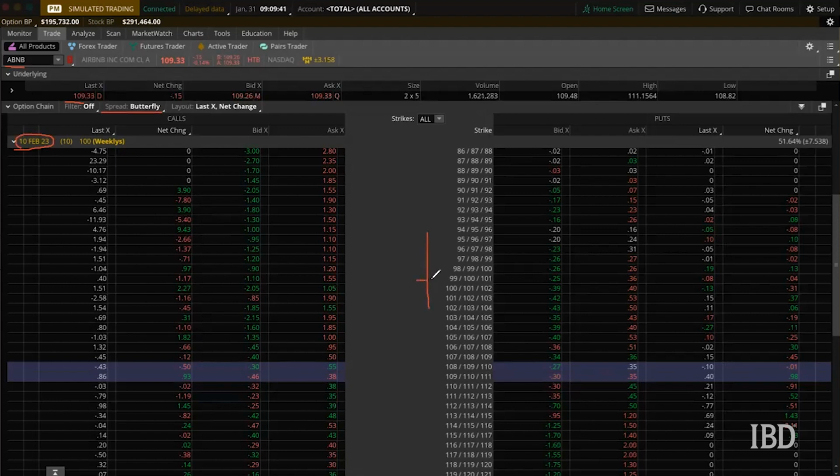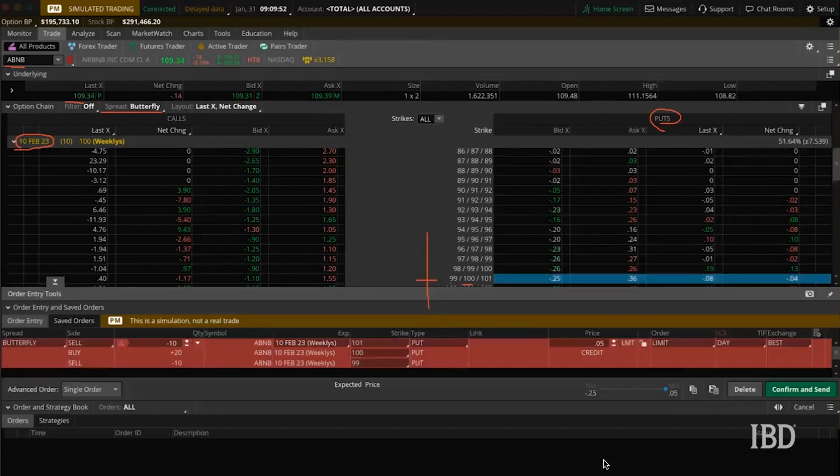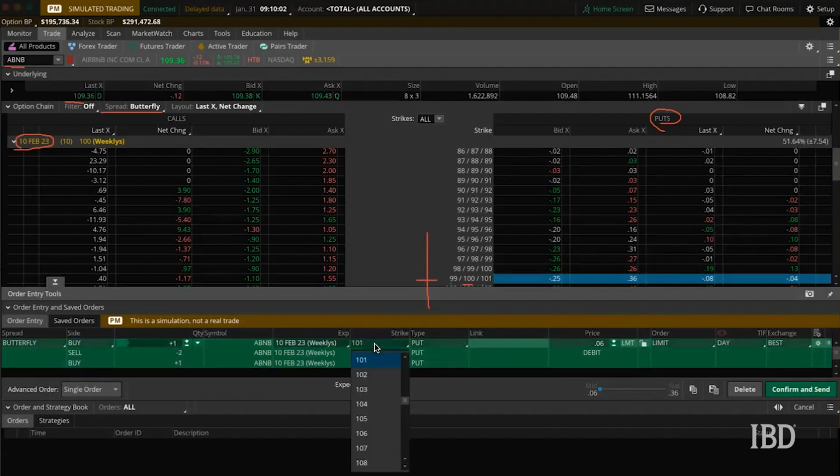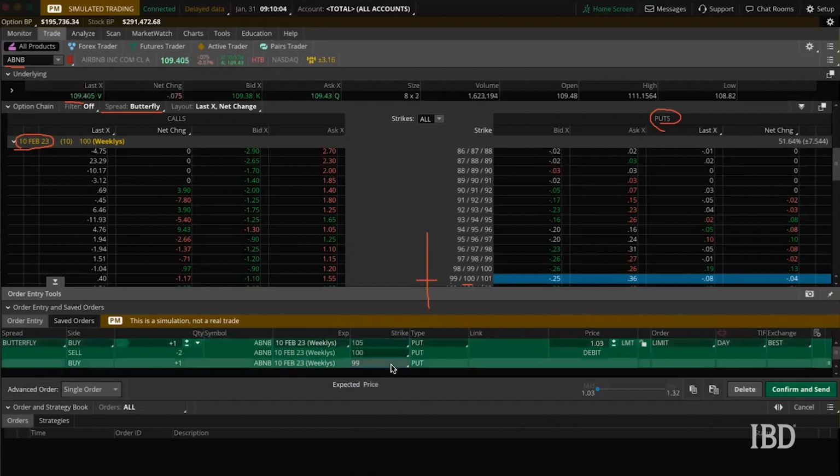We're going to choose this one because the middle strike we want is 100, and we will adjust the other 2 strikes. And we're going to be on this side of the screen, which has the prices for puts. So we're going to adjust this strike price to 105 and this strike price to 95.